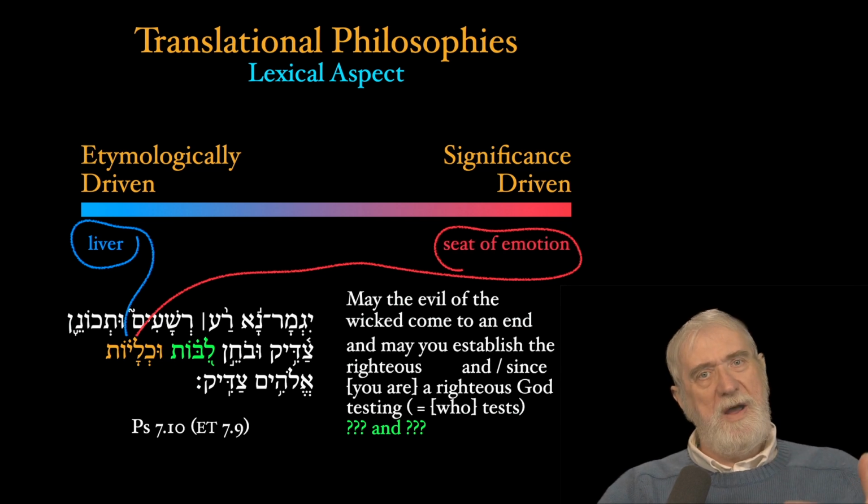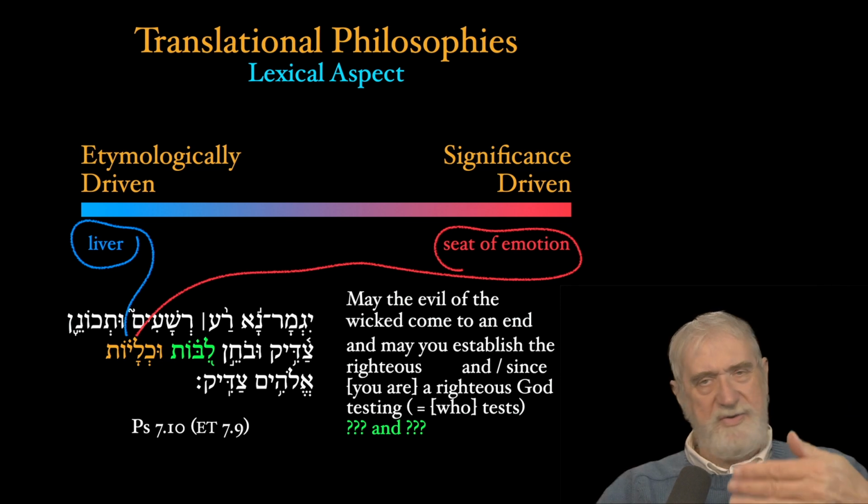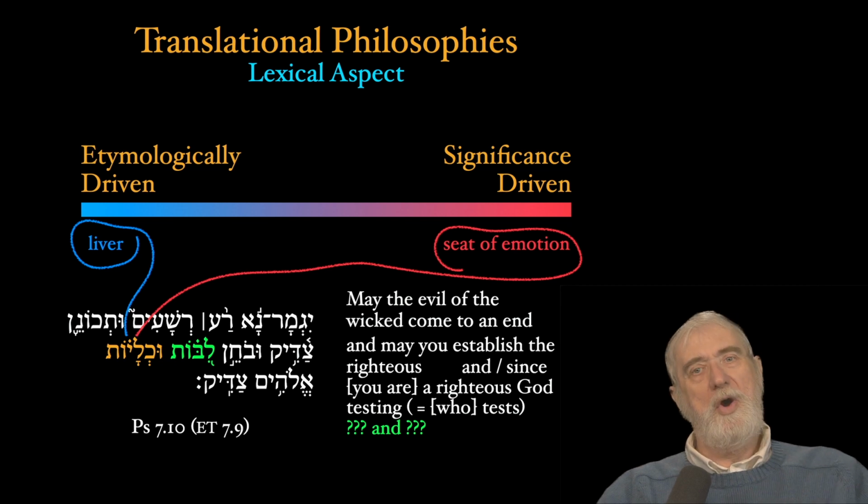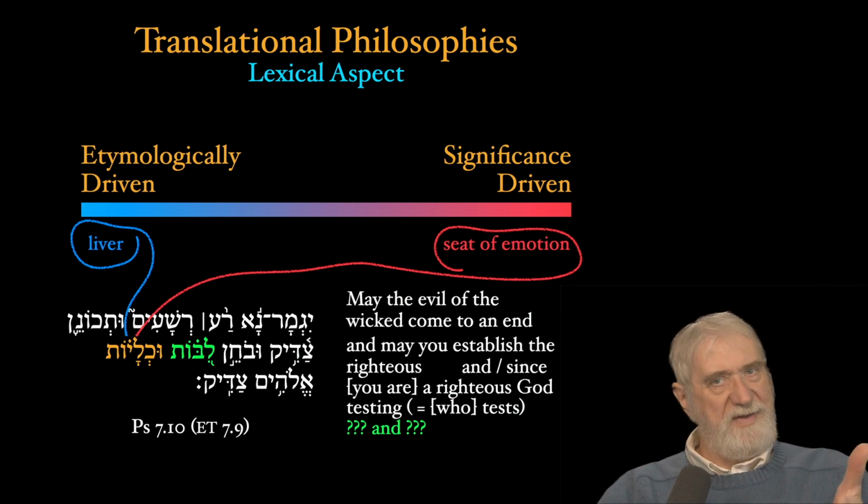And so a significance driven approach would perhaps translate this not as liver, but with some word that implies something like the seat of the emotions.